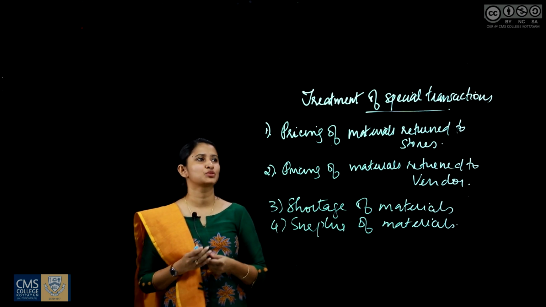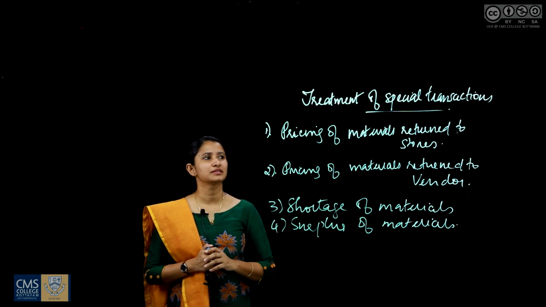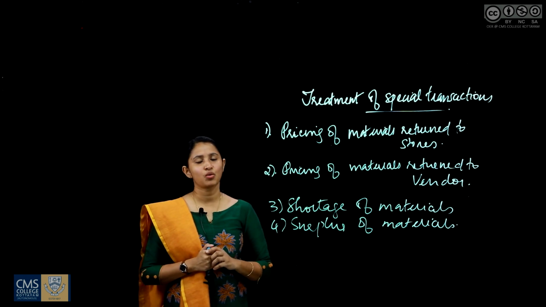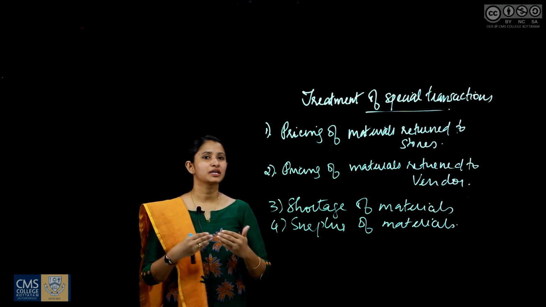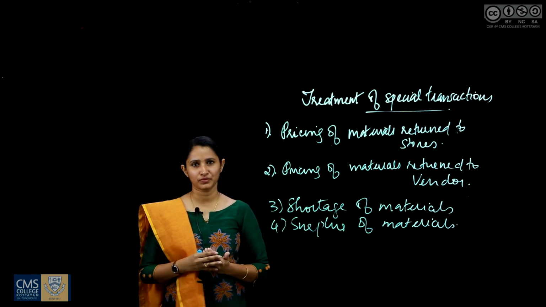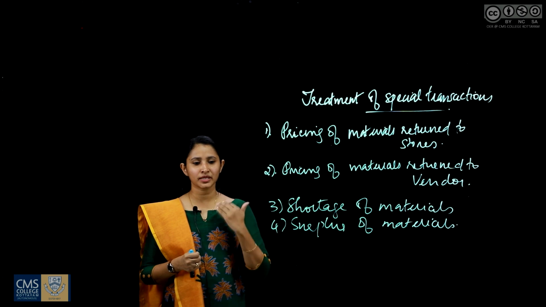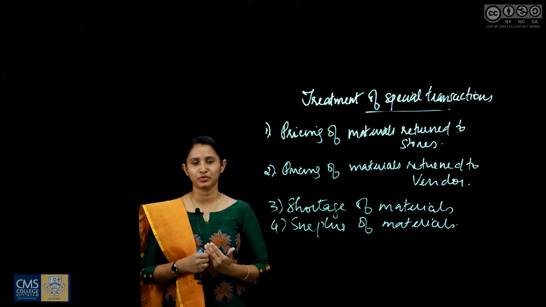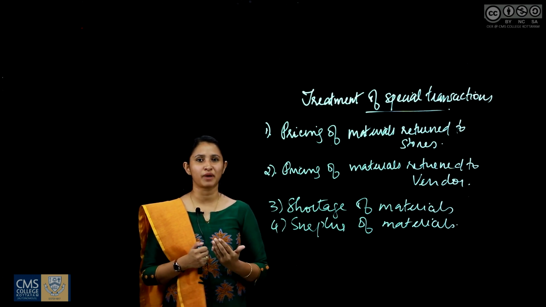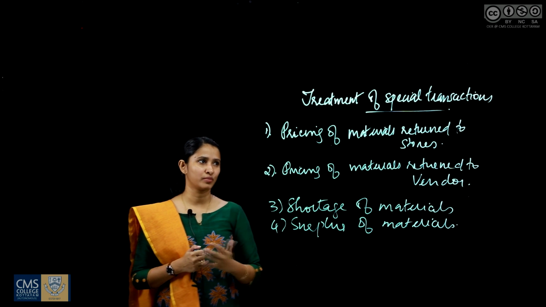So let's look at the first one, pricing of materials returned to stores. What we have to remember here is who is returning materials to the store. Whenever the production department wants raw materials for carrying out the production activities, the production department asks the stores department for the raw materials.